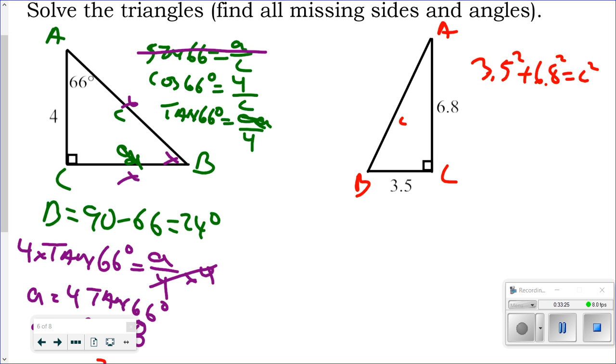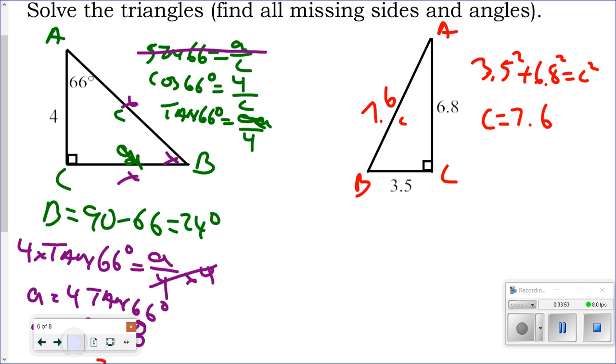Second square root. Second answer. 7.64. C equals 7.64, so 7.6 rounding off to 1 decimal place. Okay, so we got the side. There we go. 7.6.